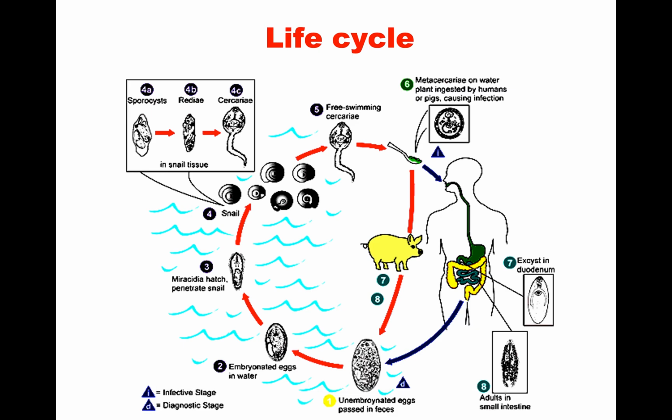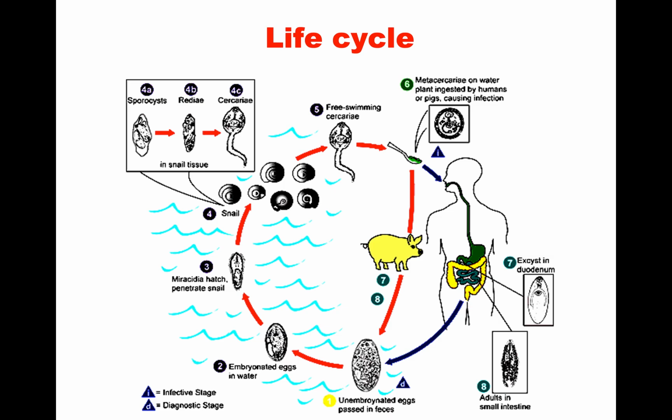Here you can take a look, and we'll start from 7 on the right. From 7, the excystment in the duodenum, and the adult lives in the small intestine. And then the eggs get out of the body with the feces, and then they get into the water.